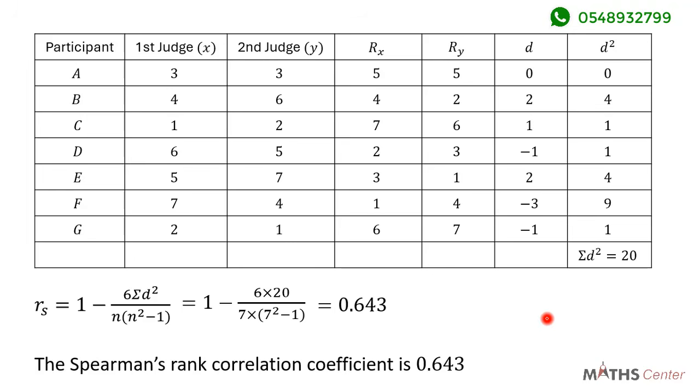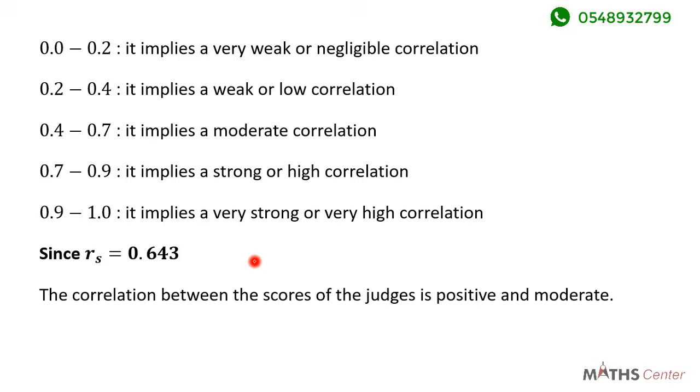Now remember, the second part of the question says we should comment on our answer. We have learned that depending on the range within which the Spearman's rank correlation coefficient falls, we can comment on the strength of the correlation, and also the sign of the coefficient tells us the direction of the correlation. Here we have 0.643.